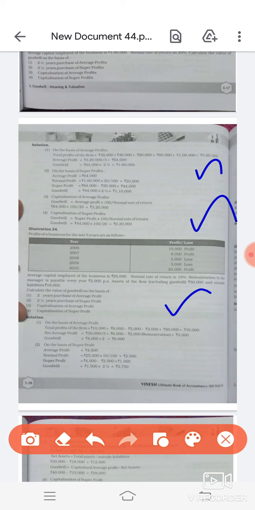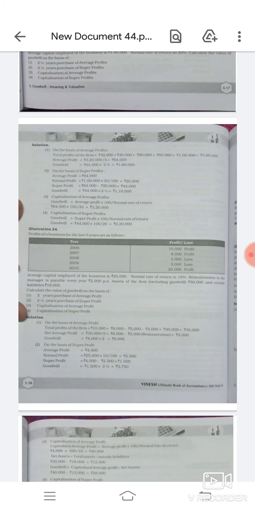Okay, now come to the capitalization of average profit. The same one: average profit into 100 divided by normal rate of return. Average profit we already calculated. What is the formula for calculating goodwill under the capitalization of average profit? Capitalized average profit minus net asset. That is the formula.